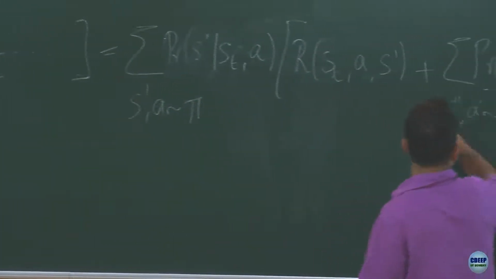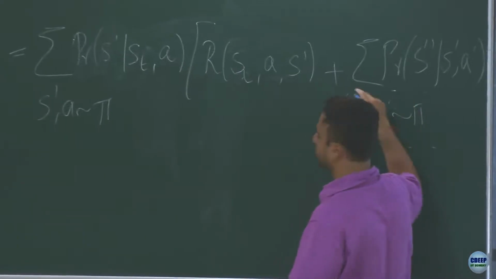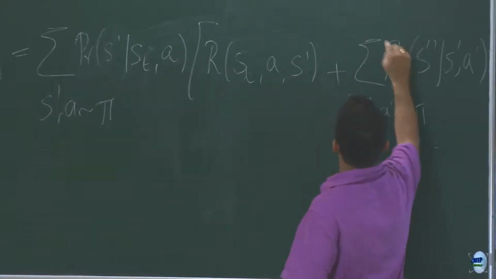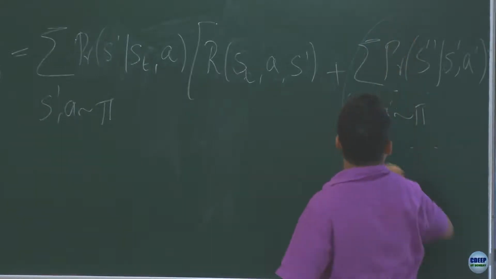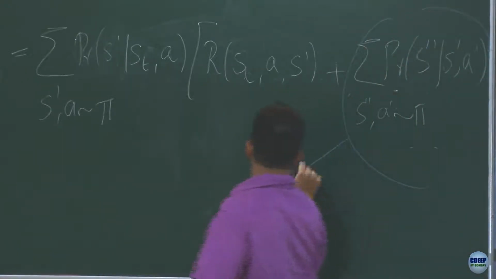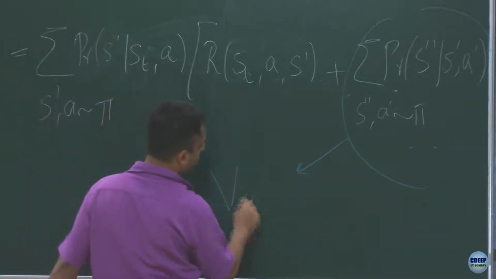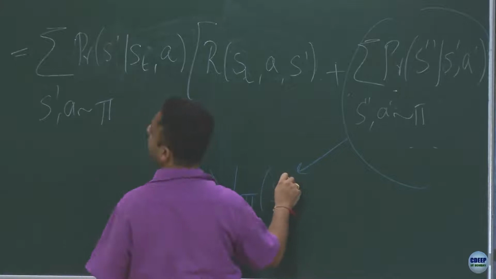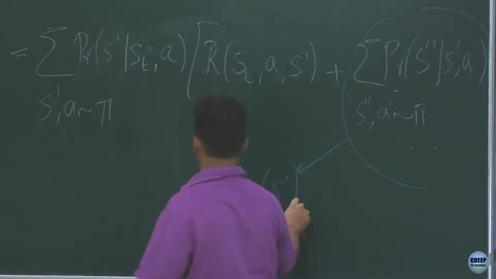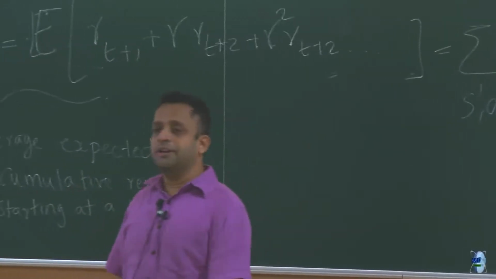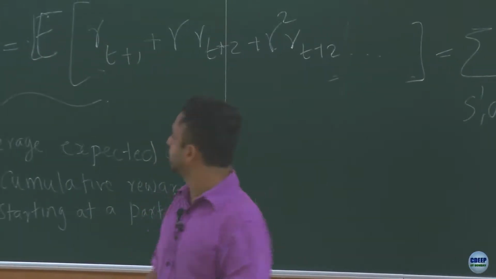Good point. So the question was about stochastic policy. Let's just complete this. So this, what did we say? If this entire thing could itself be viewed as the value function at S prime, right? So the question was, what if pi was stochastic?